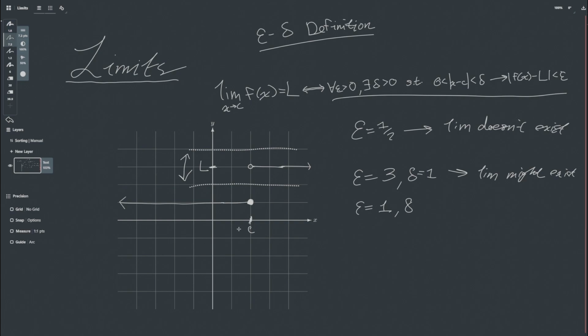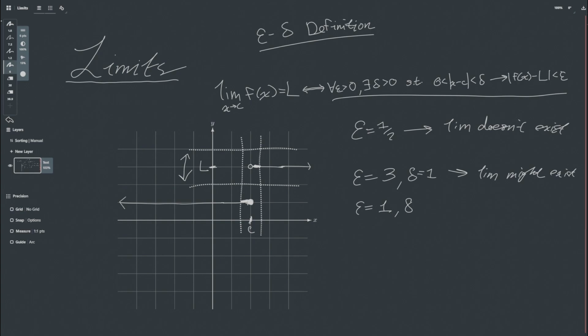I'm going to choose just 1/2. So we'd have this range right here, 1/2 of a unit between c and our right and left bound. So now let's look at all of the corresponding y values on our curve that are within this horizontal range. So we get these values right here, and then these values right there.